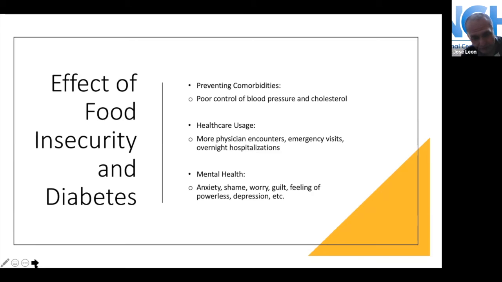These patients are also more likely to have mental health issues such as anxiety, shame, feeling of powerlessness, and depression because of all the psychological issues behind the ability of these patients to get food, not only for them but for the relatives in general, children and those living in the same household. Next slide.